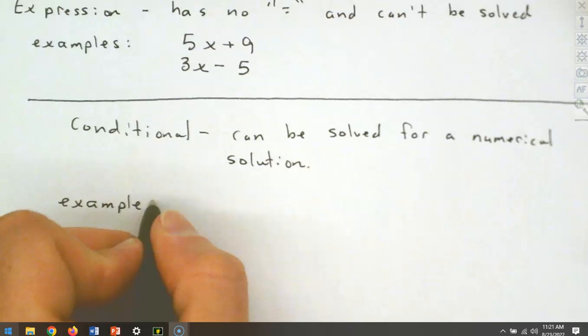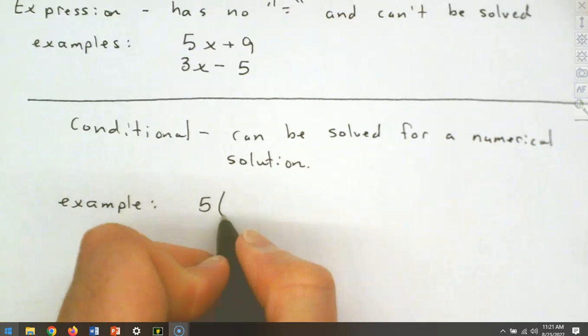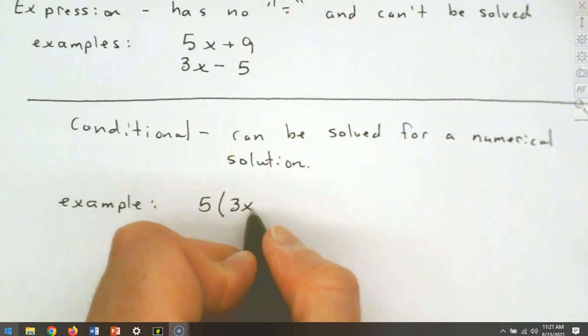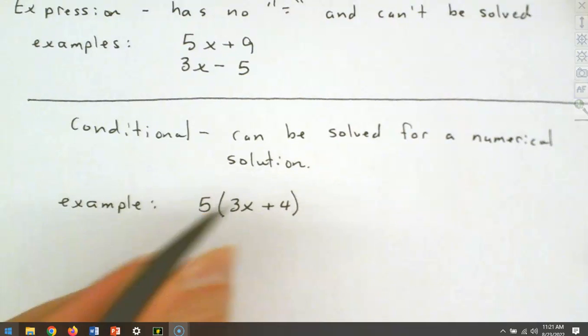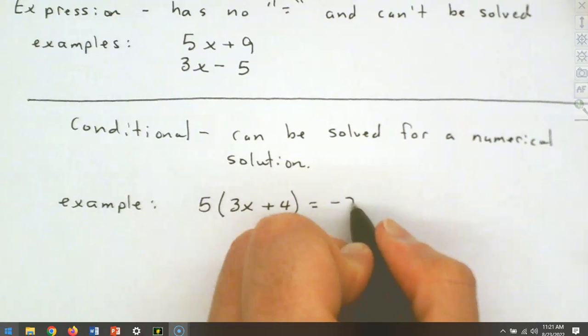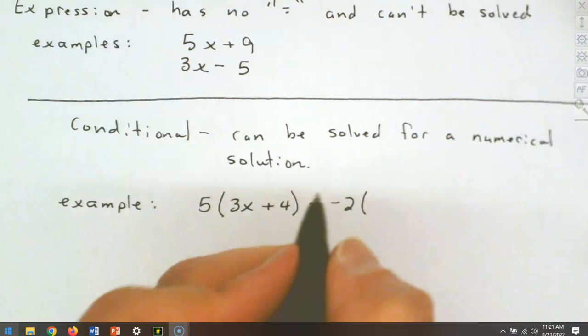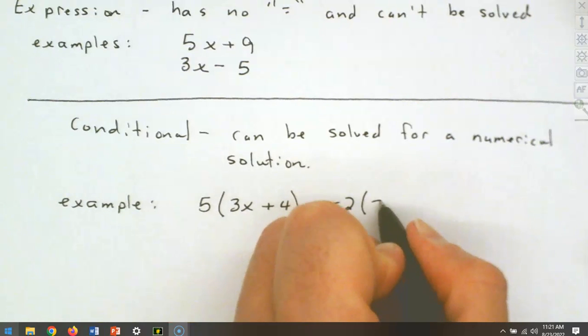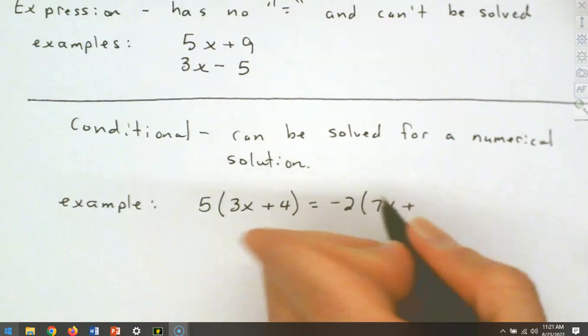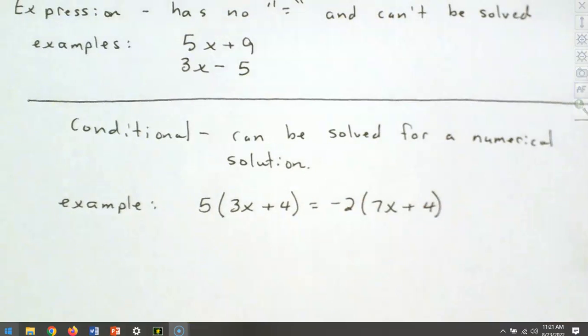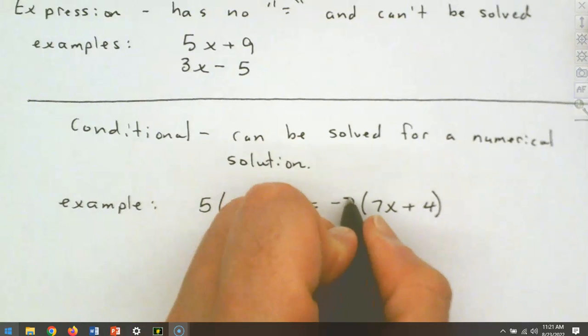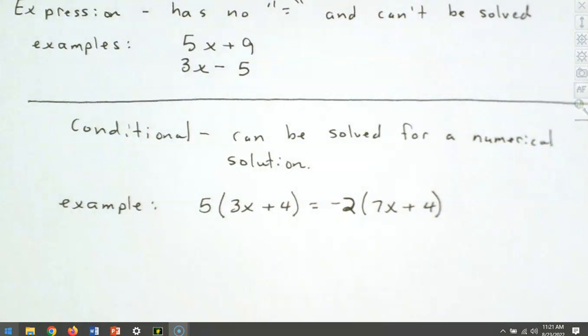So here's an example. How about 5 times 3x plus 4 equals minus 2 times 7x plus 4. So this is going to be an example of a conditional equation.